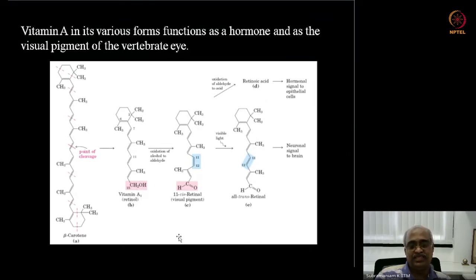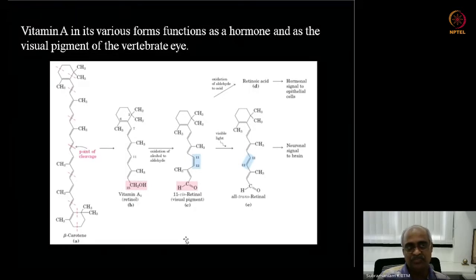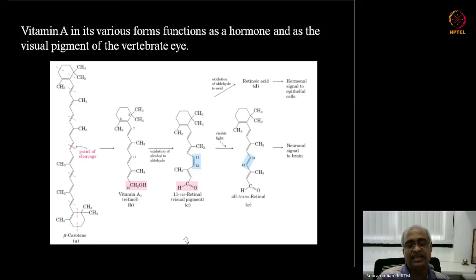And the other major function it does: remember our stereochemistry. We learned about geometric isomerism, where when you have a carbon-carbon double bond, the groups attached to the two carbons can either have cis orientation or trans orientation. So that is also called cis-trans isomerism. And there is cis-trans isomerism in this vitamin A in the aldehyde version.